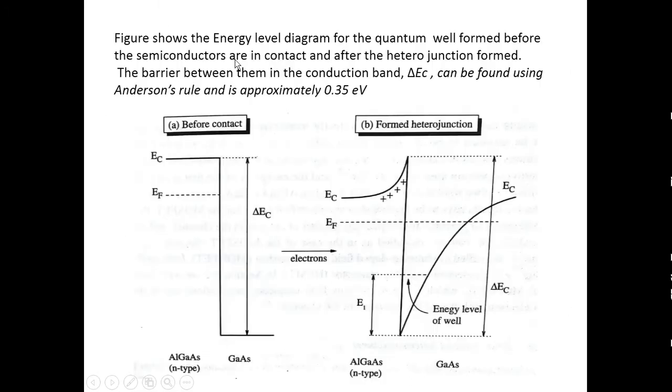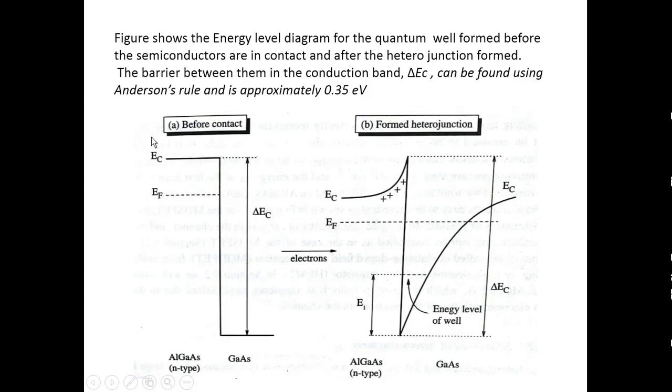Then the figure shows the energy level diagrams for the quantum well formed before the semiconductors are in contact, and after a heterojunction is formed. This is the energy band structure for a heterojunction formed by aluminum gallium arsenide and gallium arsenide.